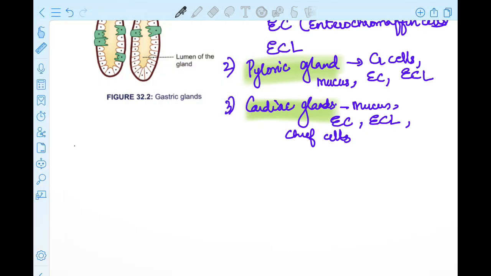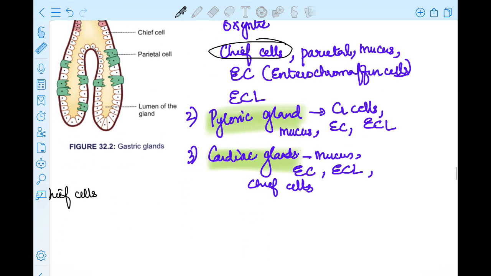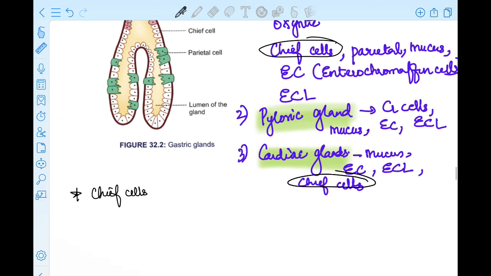Okay. So the first cell that we're going to discuss here is the chief cells. You can see that it is produced both at the fundic glands and also at the cardiac glands, right?